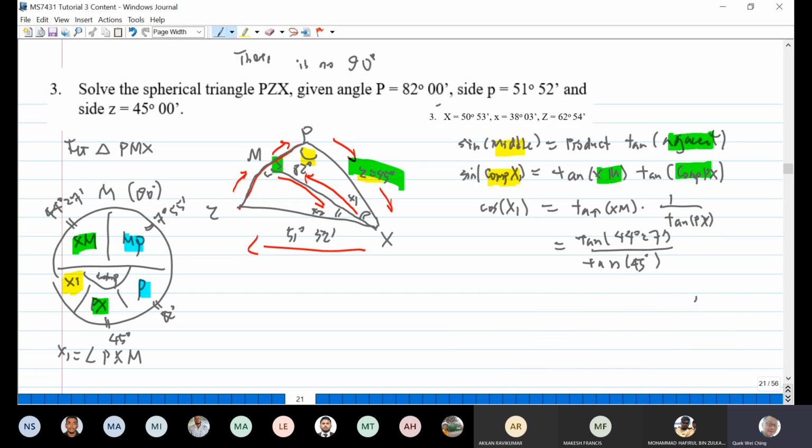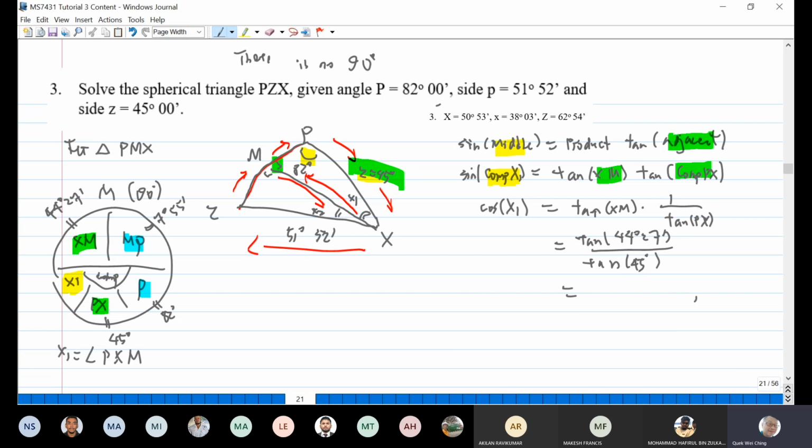So erase all this and do the calculation. I need to find out what cosine x1 is equal to. So get tangent 44 degree 27 minutes over tangent 45 degree. So what is this equal to?